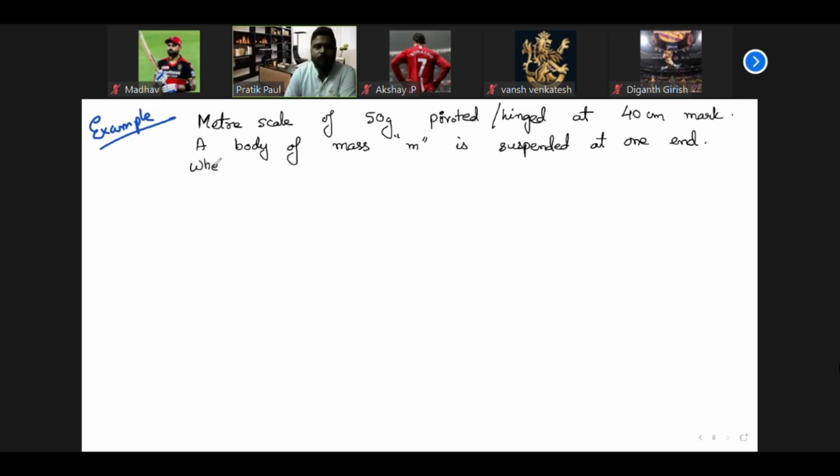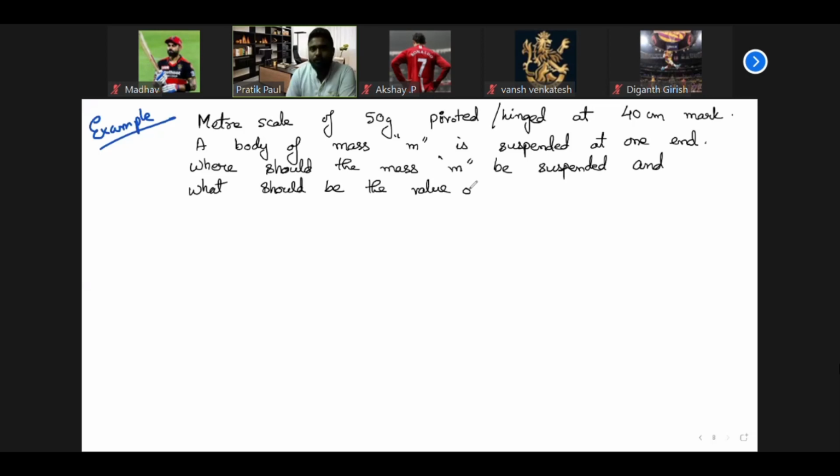The question is, where should the mass m be suspended, and what should be the value of m if the scale is in equilibrium?